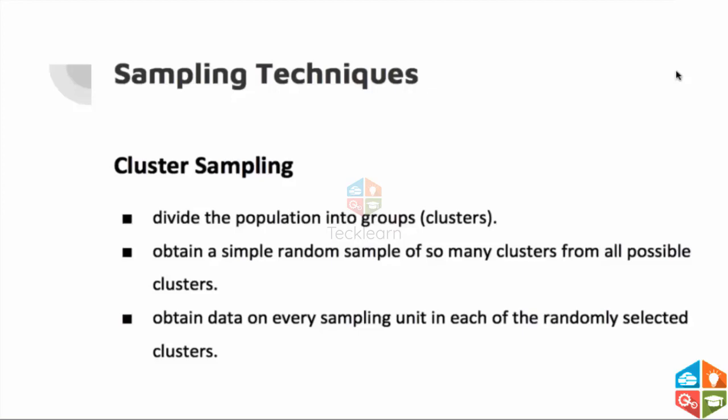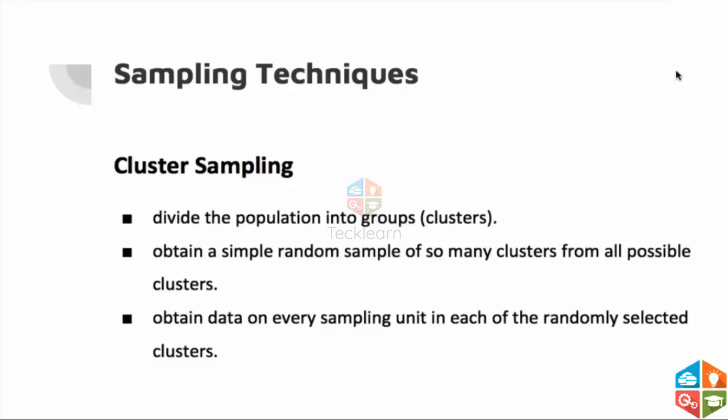After sampling, for example, I've taken 4 elementary schools from the 11 possible elementary schools. So now every student in the 4 selected elementary schools is my sample data set. All right. So I hope it is clear now.